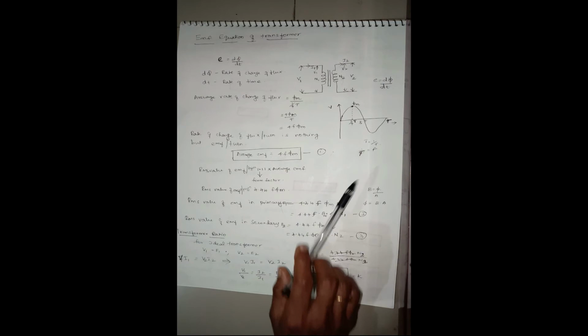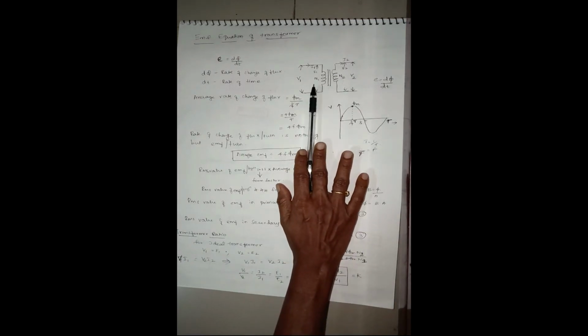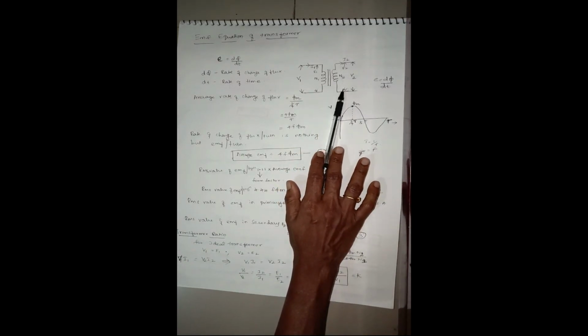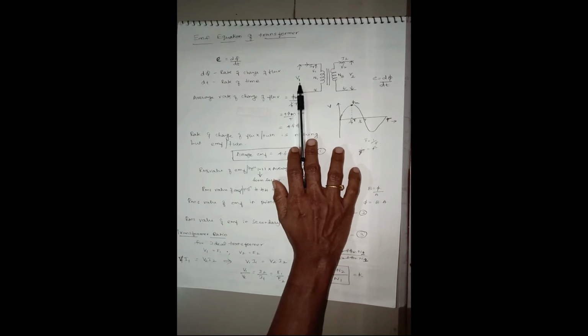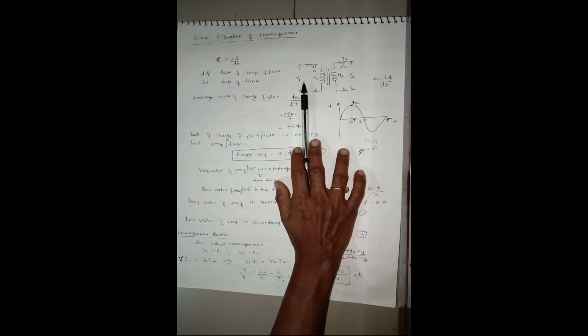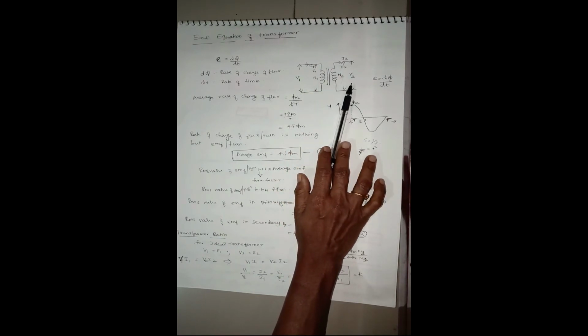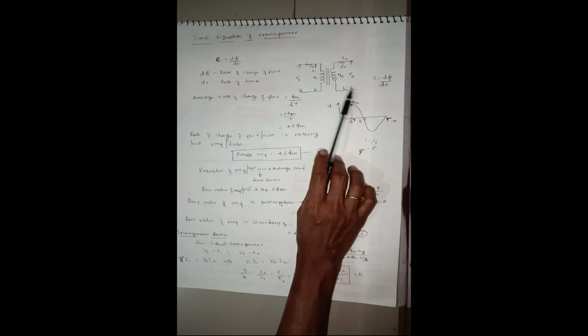In this case, it just transfers energy from one circuit to the other. That is, the input voltage, that is the primary, has to be either increased or decreased. But the power flow, the power from the input to the secondary, should be the same. Understood?